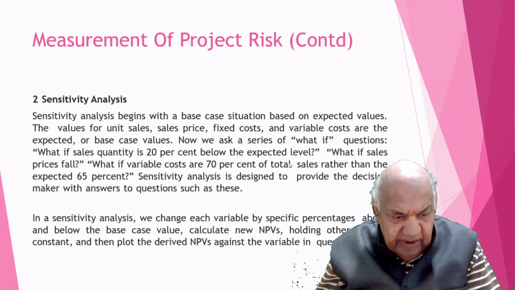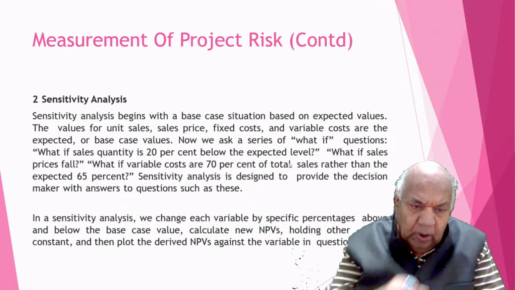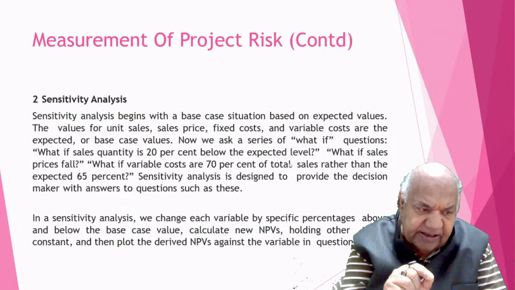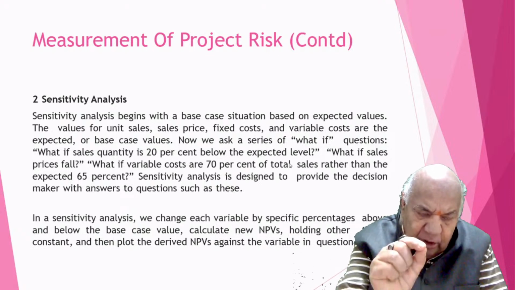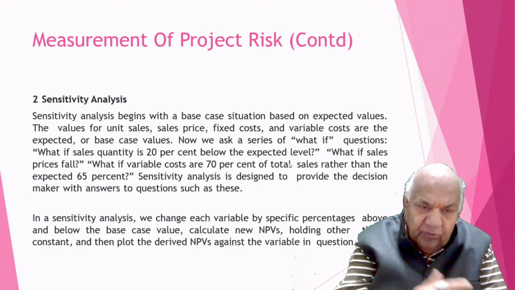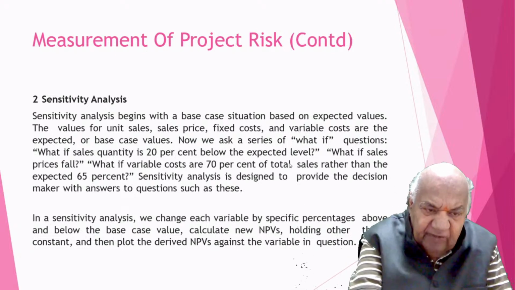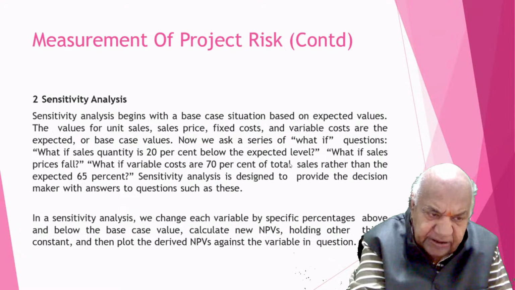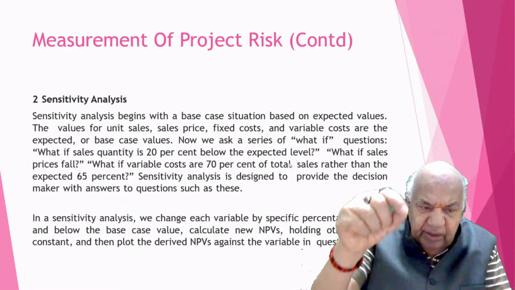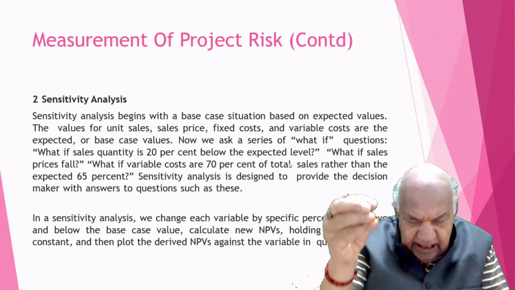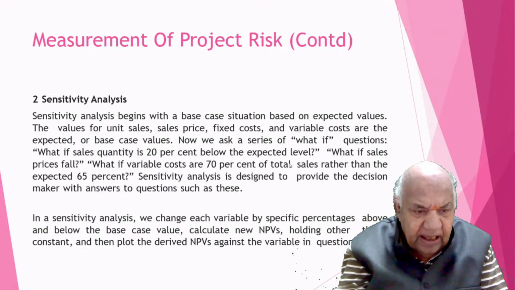In a sensitivity analysis, we change each variable by a specific percentage above and below the base case values. For example, if the variable costs are 70% of total sales rather than the expected 65%, we may predict that the change will be slightly less than the base value.